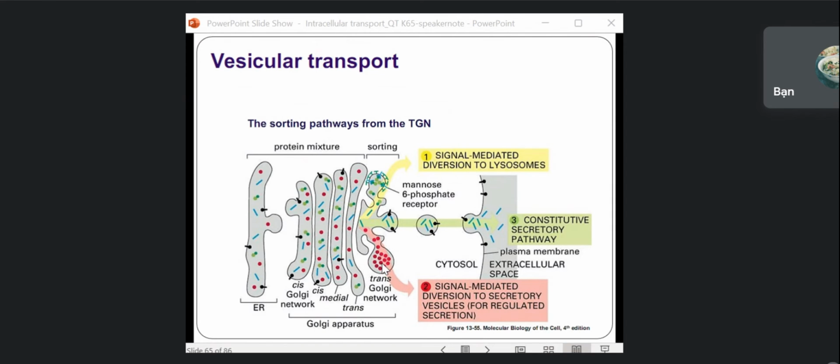They can concentrate in the vesicle and wait until the cell receives the signal that at this moment the protein can be transported to the plasma membrane and secreted. Or the protein or molecule can be sent to the lysosome through the signal mediated diversion pathway. So on the trans face of the Golgi apparatus, the protein will be sorted to one among three pathways of transport.